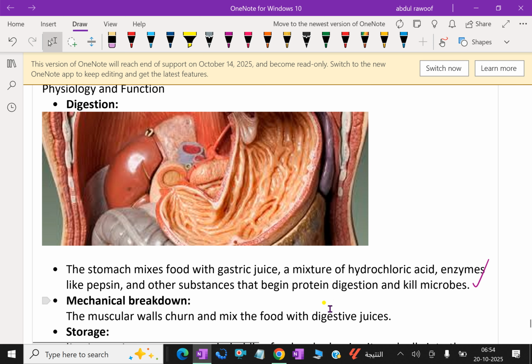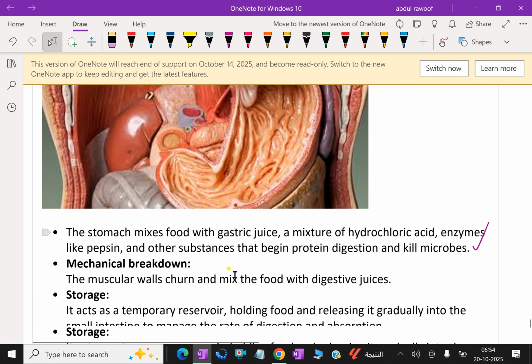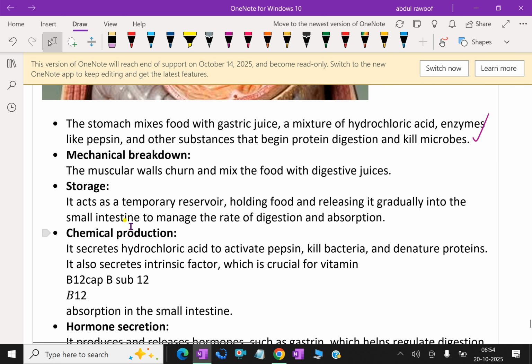The muscular walls churn and mix the food with digestive juices. Storage. It acts as a temporary reservoir, holding food and releasing it gradually into the small intestine to manage the rate of digestion and absorption.